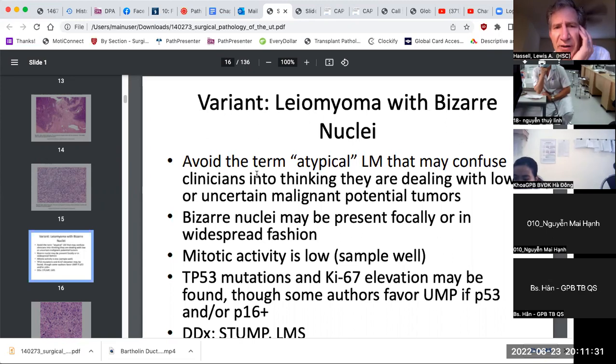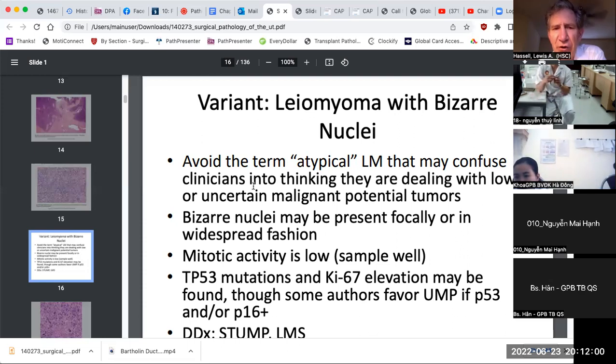And it's been debated whether we should use the term atypical leiomyoma or not. But I think most people now have found that this creates more clinical concern than it should. And so we try to discourage the use of the term atypical leiomyoma. That may confuse them, and they may be thinking they're dealing with a low malignant potential or uncertain malignant potential tumor.